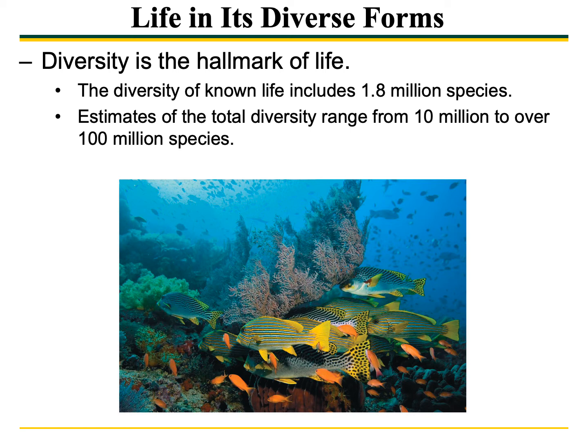That's a pretty big number if you think about the amount of diversity in that 1.8 to 2 million species that have been identified. Another interesting fact is that greater than 99% of organisms that have lived on Earth are now extinct. So that is also maybe food for thought.